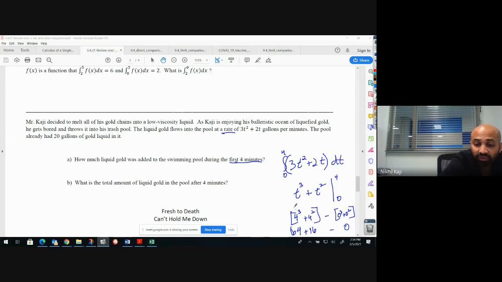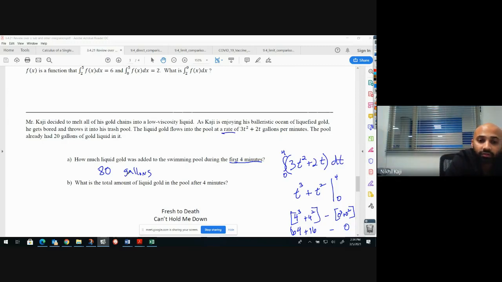So just 64 plus 16. What is that? That is 80. But let's put our units. What's water measured in? Gallons. All right. So we had 80 gallons that were added into the pool.